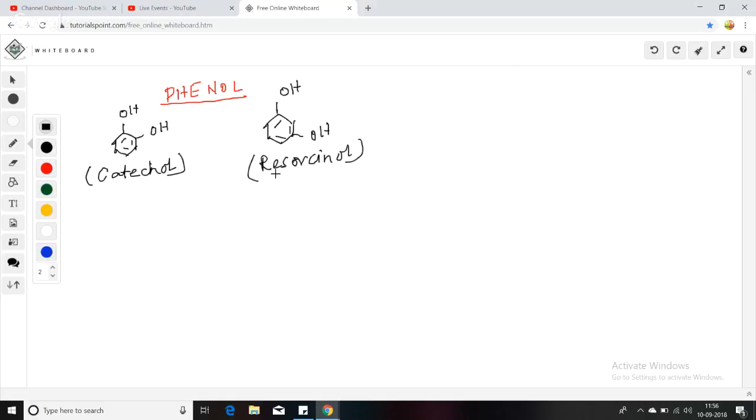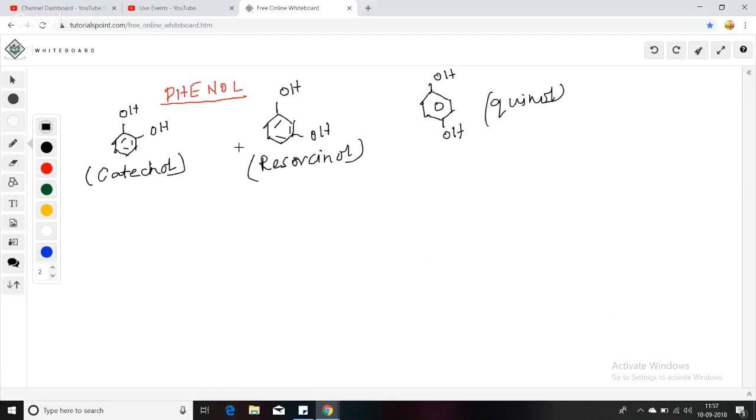R-E-S-O-R-C-I-N-O-L. If you have OH group present at this position, exactly opposite to each other, we call it quinol.